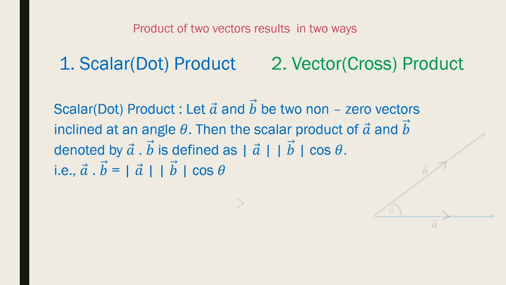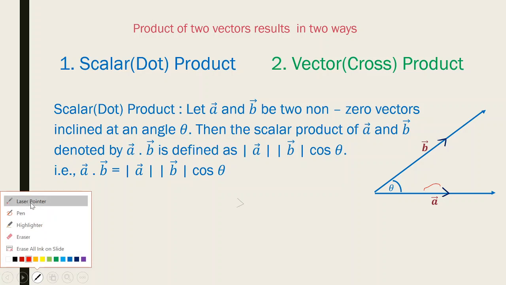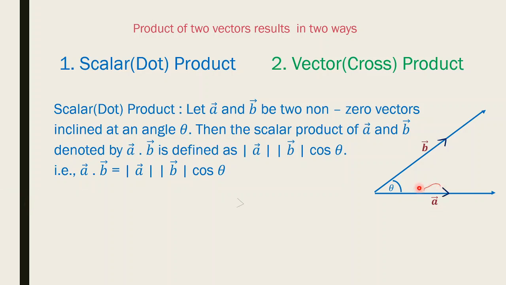Let me take two vectors, vector A and vector B, inclined at some angle theta. Here vector A and vector B are non-zero vectors, meaning theta has some magnitude.